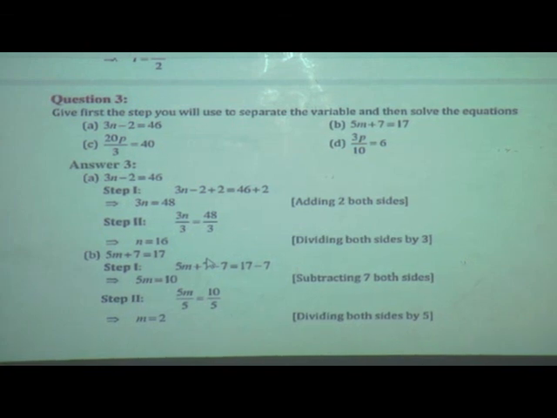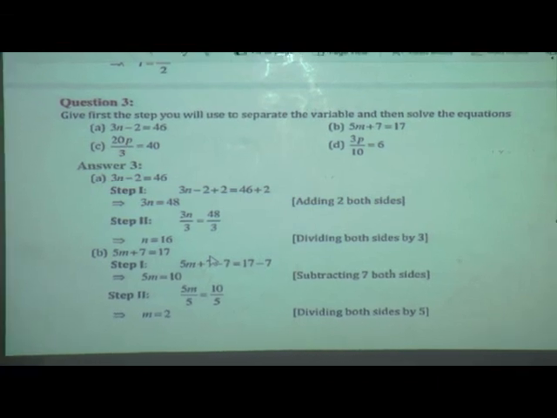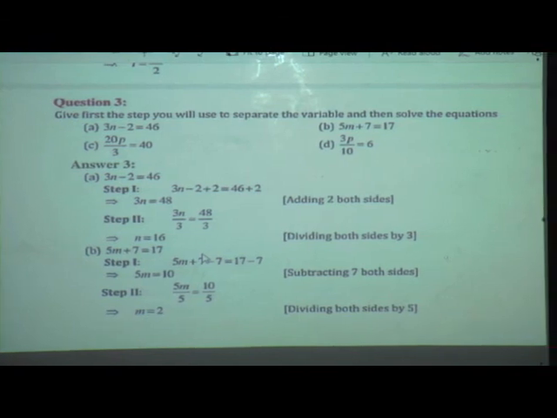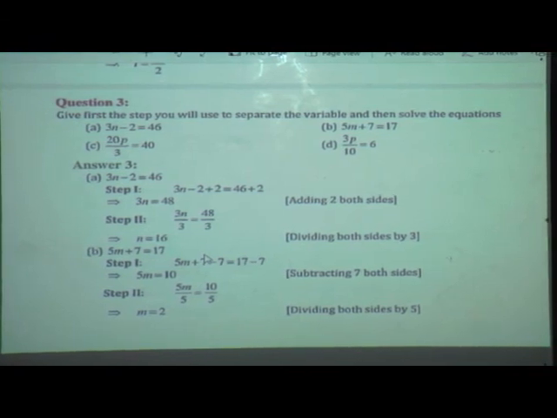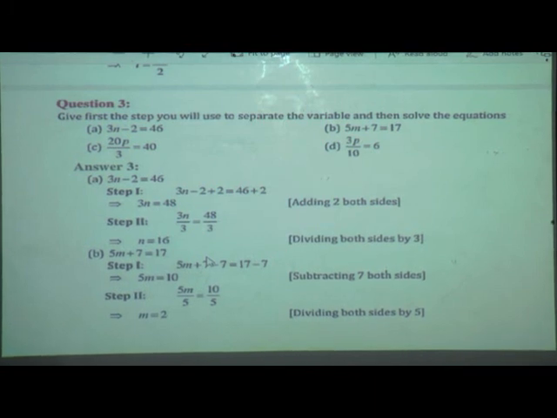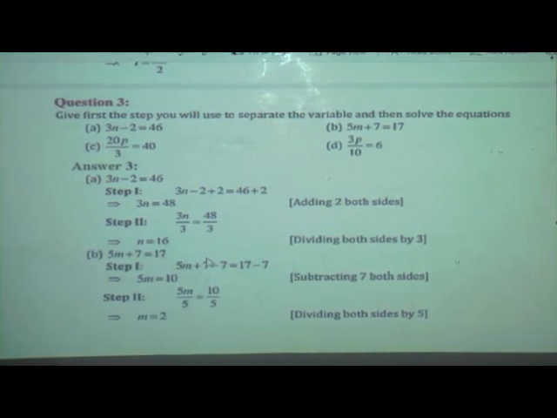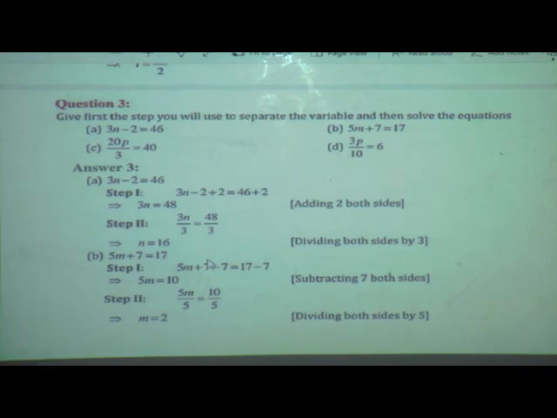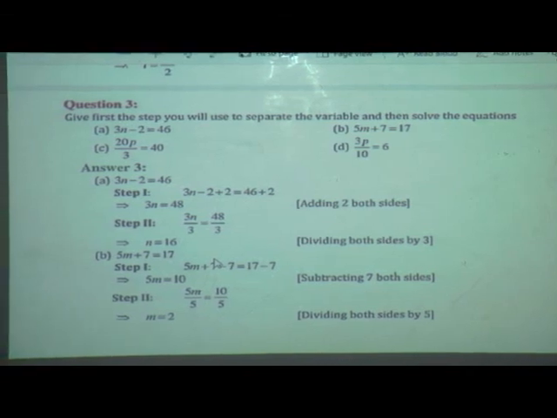So we learned today how to substitute the value of a variable by checking the answer we got, and we solved different types of examples with variables, with different types of equations, that is addition, subtraction, multiplication and division. Hope, my dear student, you understood, because we solved many examples here.